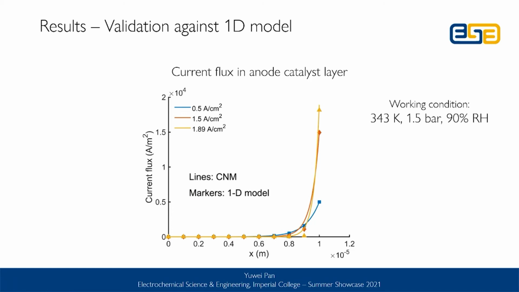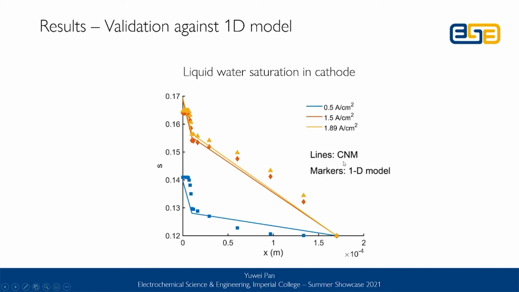These internal statuses are also validated, under the same working condition at 3 different current densities. As you can see in the figure, the highly unbalanced current flux in the anode catalyst layer is successfully predicted, and the liquid water saturation at these computing nodes is also captured, but the nonlinear distribution of it is ignored.